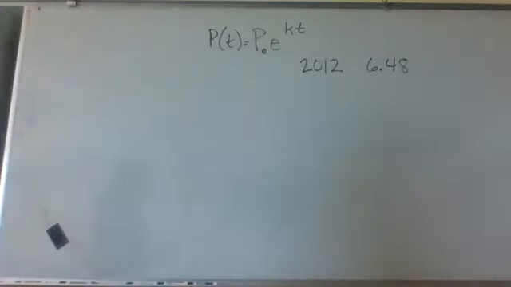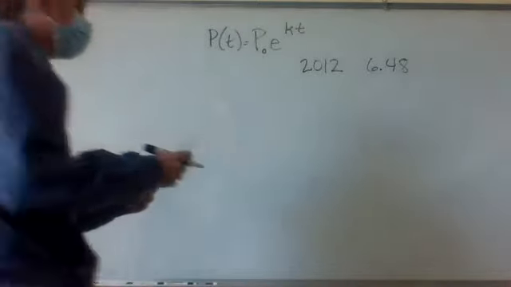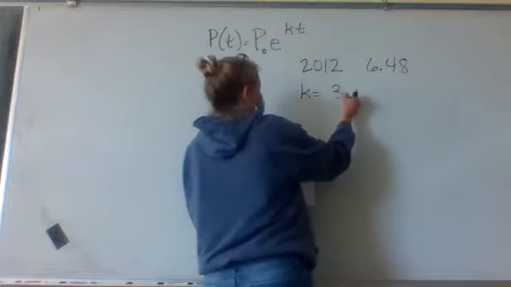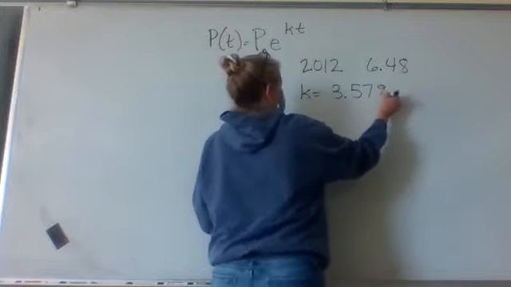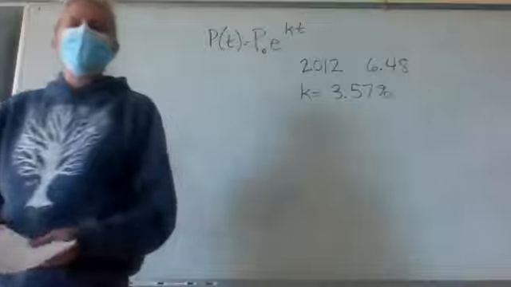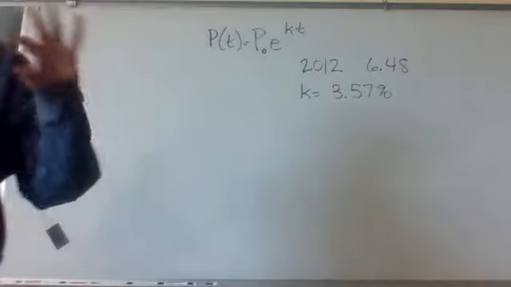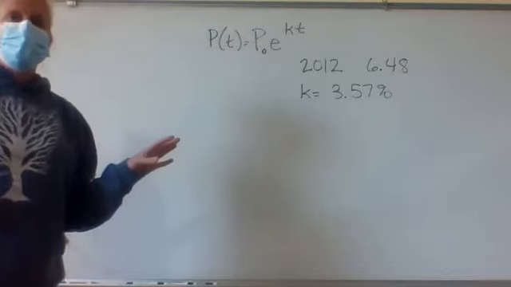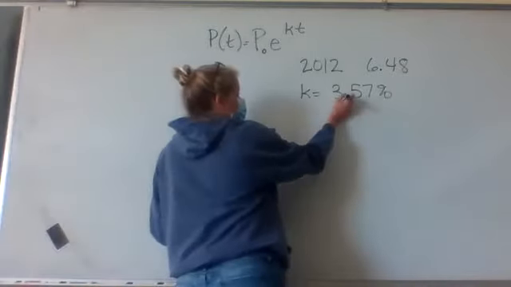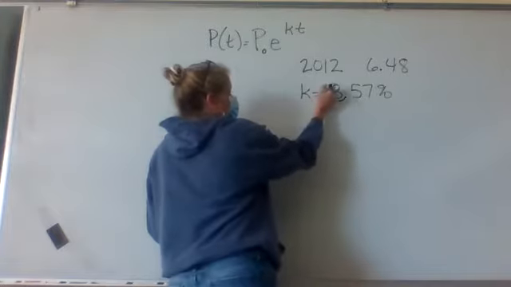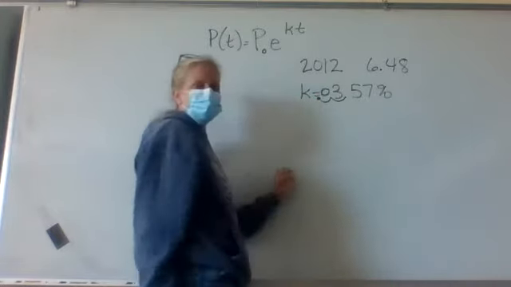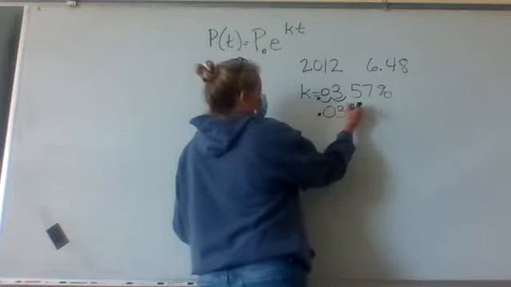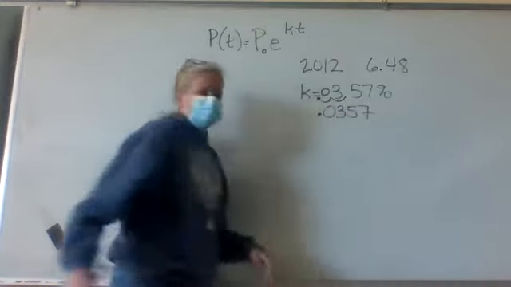The exponential growth rate was 3.57% per year. Remember, anytime we're talking about the K or the rate, I know I'm going to need that in decimal form. So I'm going to move my decimal 2 places to the left, and fill in the missing hole with a 0. So my K is going to be 0.0357.